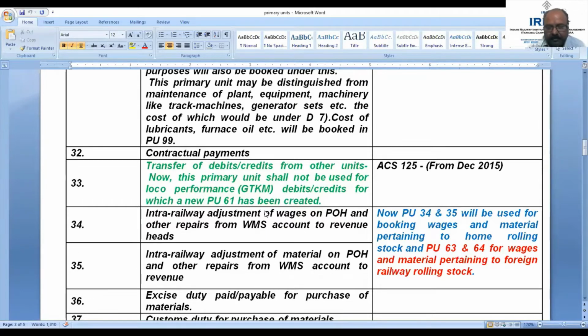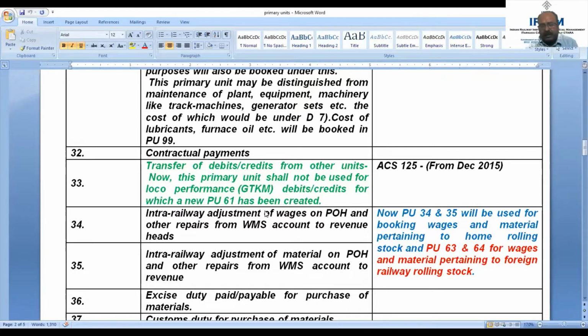So other than GTKM debits, whatever adjustments are received from the other units are booked to PU 33, very important. And PU 34 and 35 are the adjustments from WMS to revenue heads, because WMS is the temporary suspension or operates under the capital side. Once the work is completed, the expenditure is transferred to revenue.